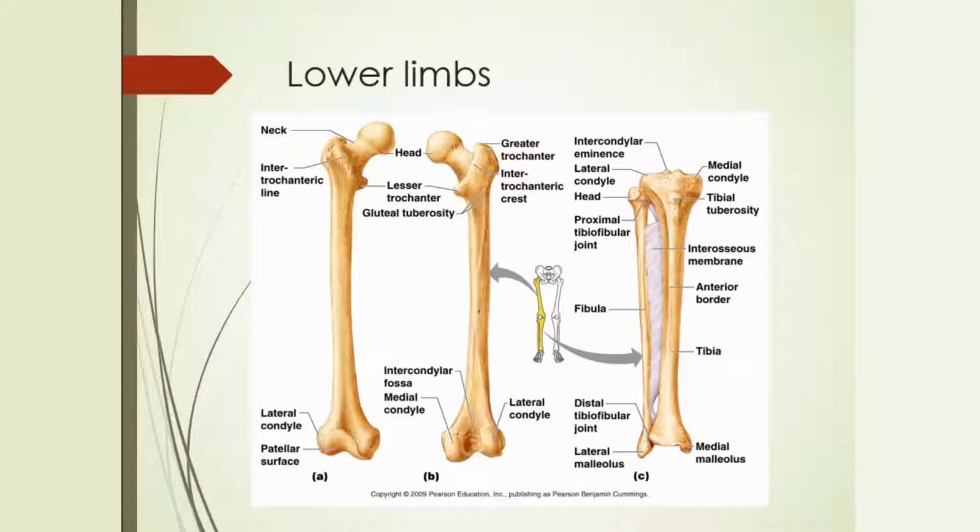All right, you have three bones that make up your lower limbs or your legs. The first bone and the major bone that you need to be familiar with is the femur. And then below the femur in your lower portion of your leg, you have a fibula and a tibia. So you can see that on your slides in your PowerPoint.